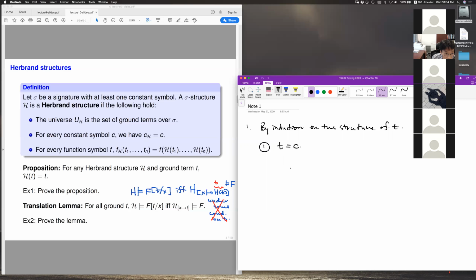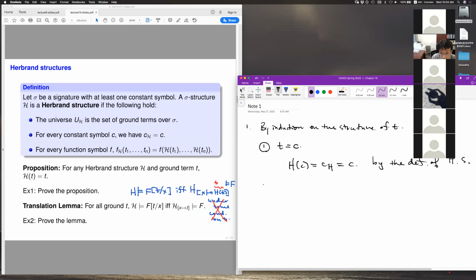In that case, the interpretation of C is by definition exactly the same as C. I mean, that has to be C of H, which is exactly C, by the definition of a Herbrand structure.